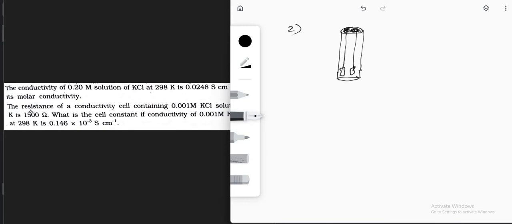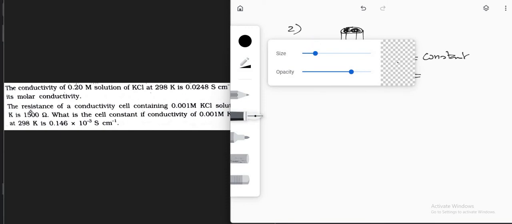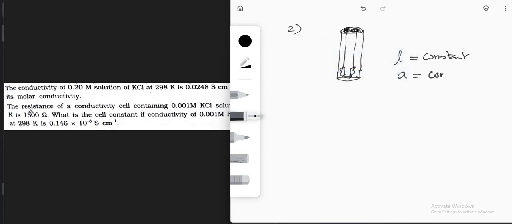If the electrodes cannot move, then the distance between the two electrodes, L, is a constant, and the area of cross section between the two electrodes is also a constant, because the electrodes are not moving.